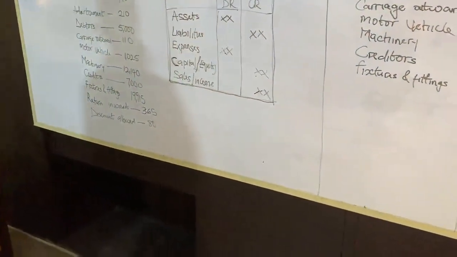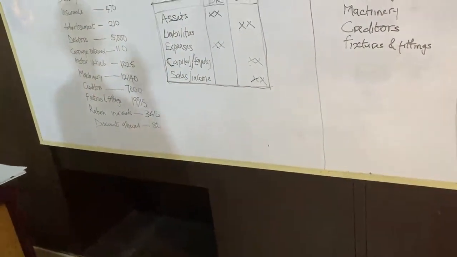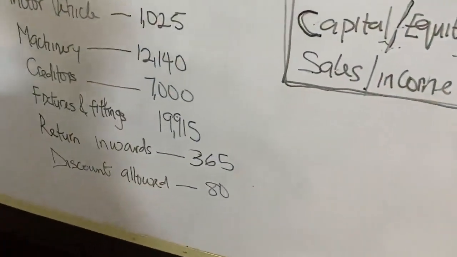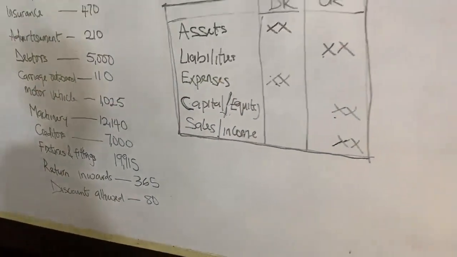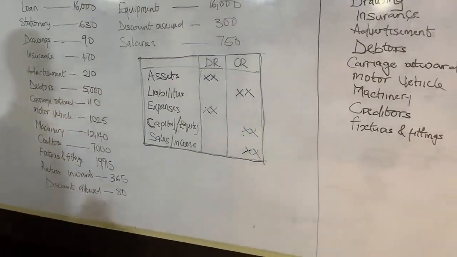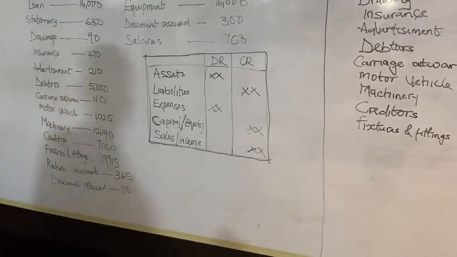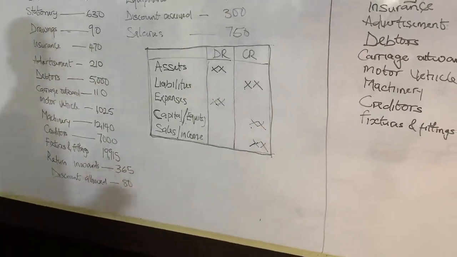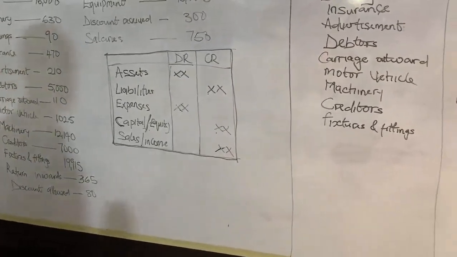Return inward. As we have the return outward, we also have return inward. That means those sales that we made, and maybe because of faults or thereabouts, they return it to you. So if sales is at the credit side, this will be the opposite of it, return inward.